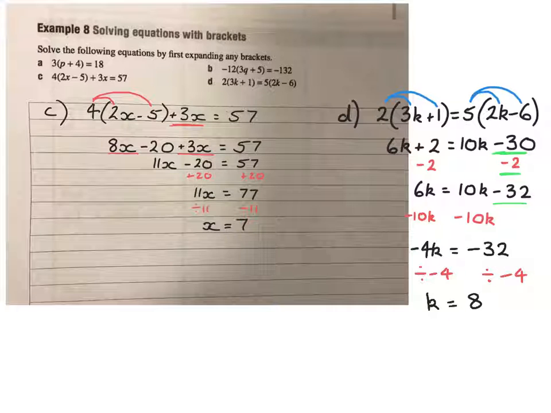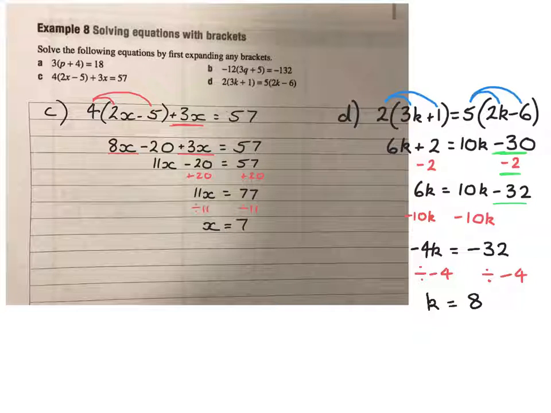Now, when you're doing these equations, it's really important that you are showing your working. So the way that I have shown my working here is a really good way to do it. Think about, you need to draw in your lines from the number on the outside to each term inside the brackets. Where possible, keep your equal signs underneath each other. This just helps to keep the balance and help you see what's happening on the left-hand side and the right-hand side.